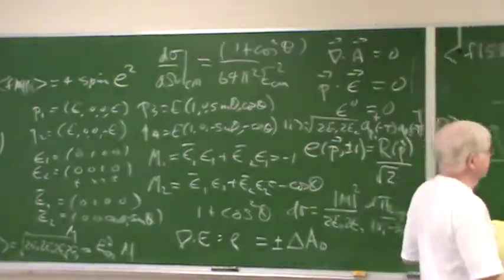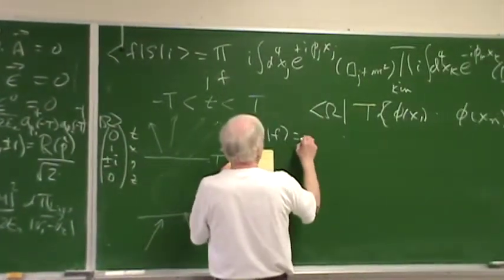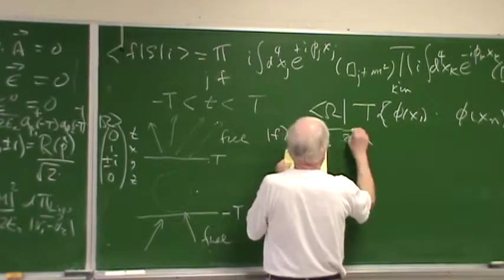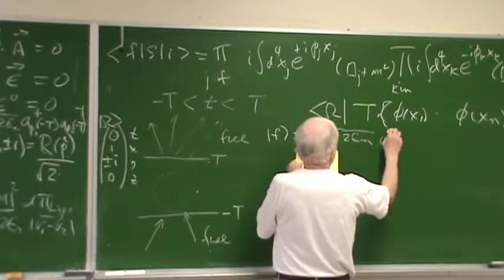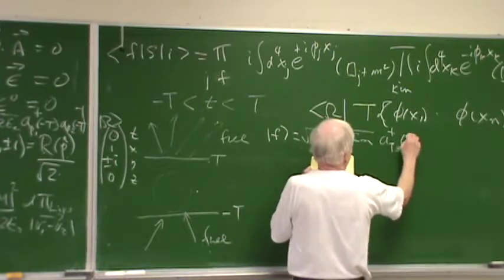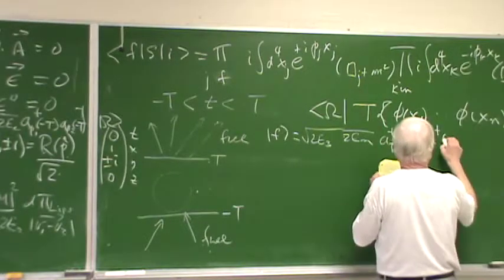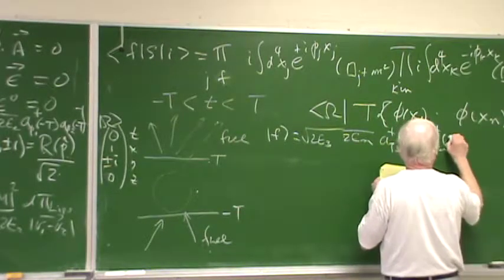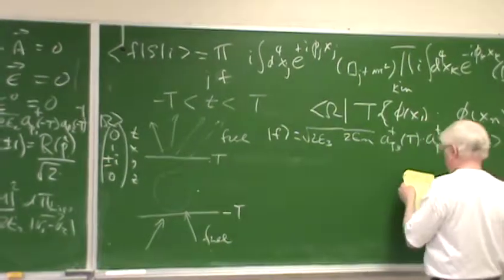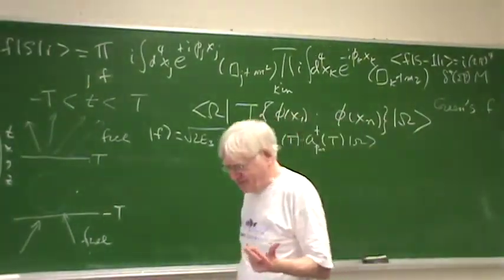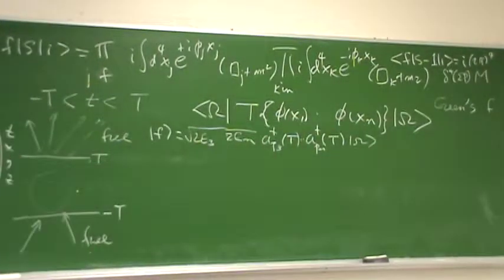And then the final state would be square root of 2E3 through 2En, a dagger P3 of big T through a dagger Pn of T, acting on omega. All right, so that's the picture, and we're going to be assuming that all the P's 3 through n are different from P1 and P2, just to make things simple. Otherwise it's kind of trivial.